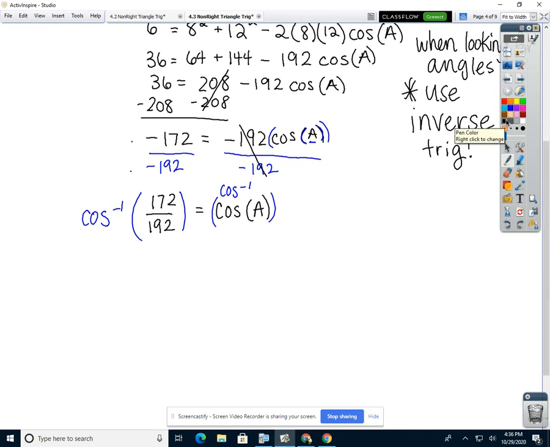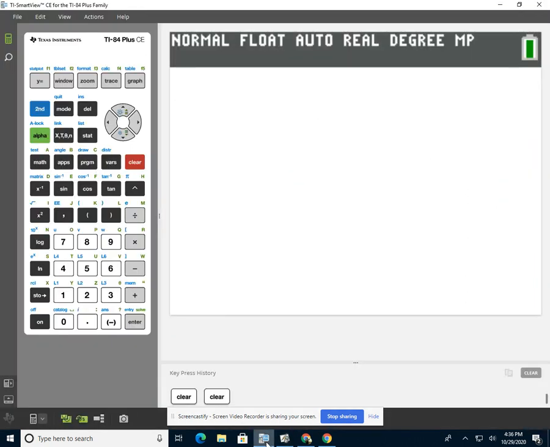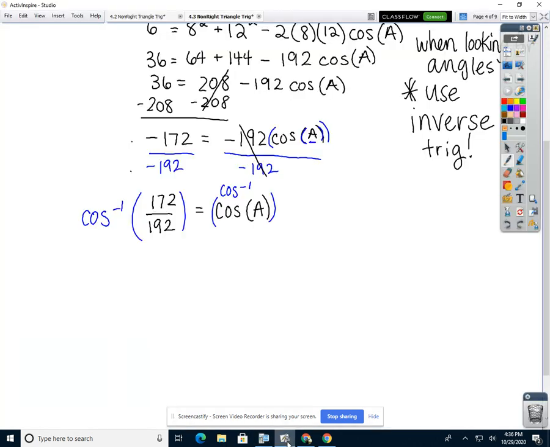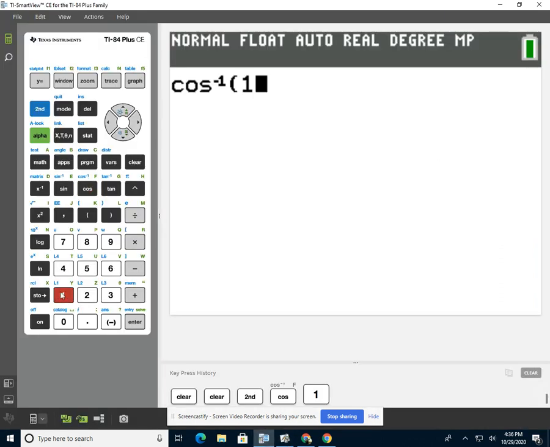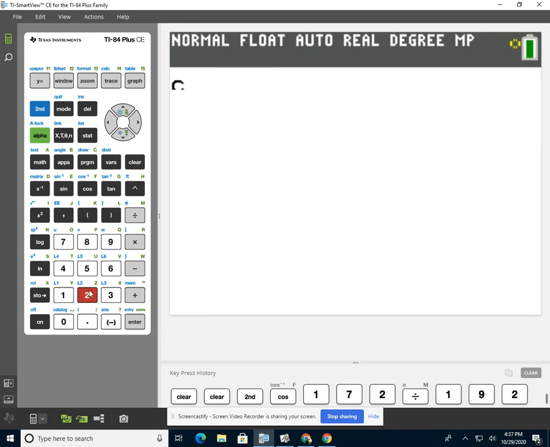So if I go to our calculator, make sure you're in degree mode. Remember that key point from last time. And how do we get to inverse cosine? Second cosine, right? I see my little negative 1 pop up. That's how I know I'm in the right spot. And it's 172 divided by 192.